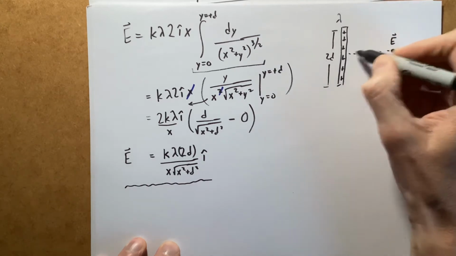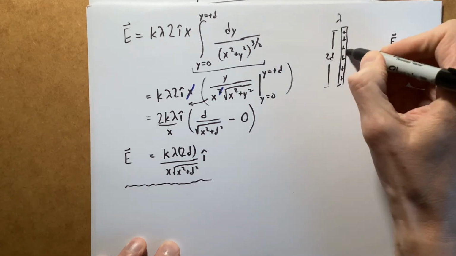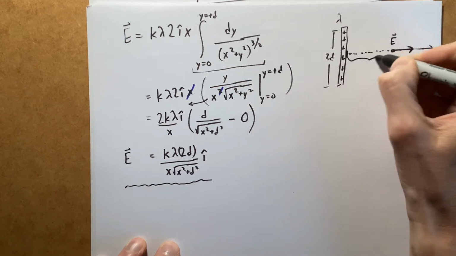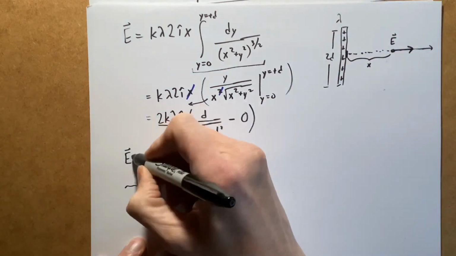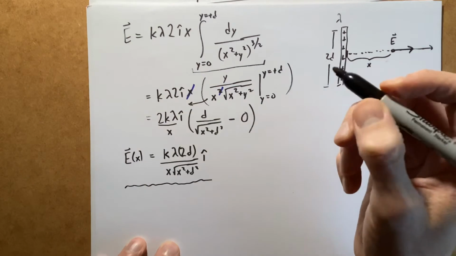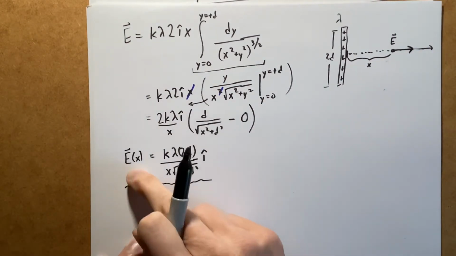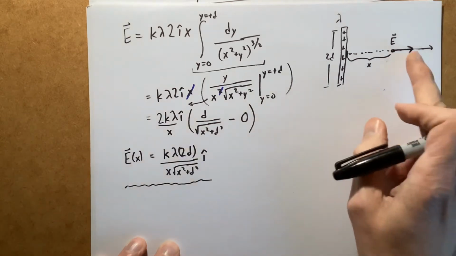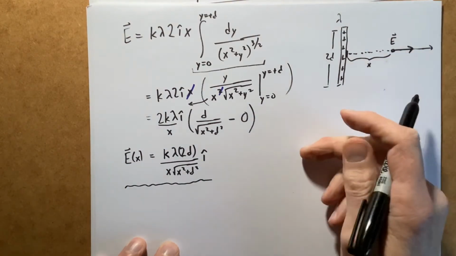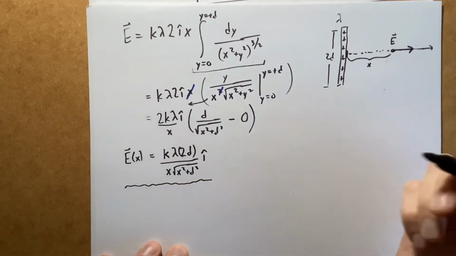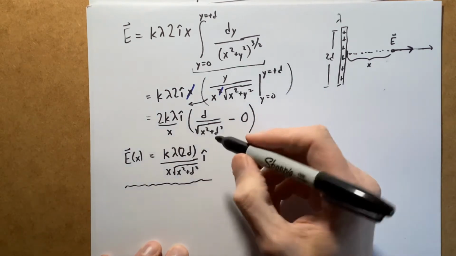And our x-axis here starts at the charge and goes out here. And so our electric field, we can say, is a function of x. We plug in any x value we want, and it'll tell us the electric field at that part of the perpendicular bisector. So that's one way to express it.